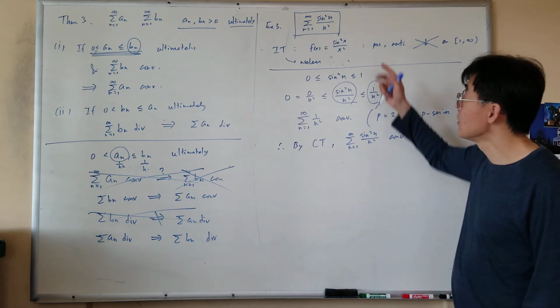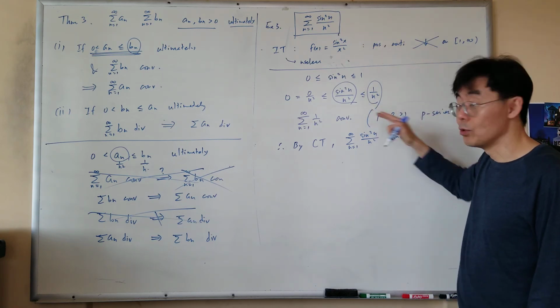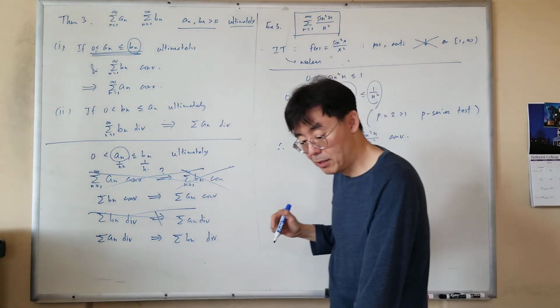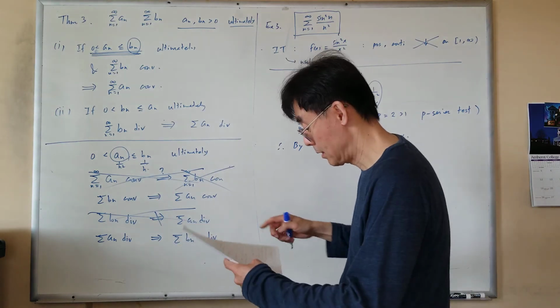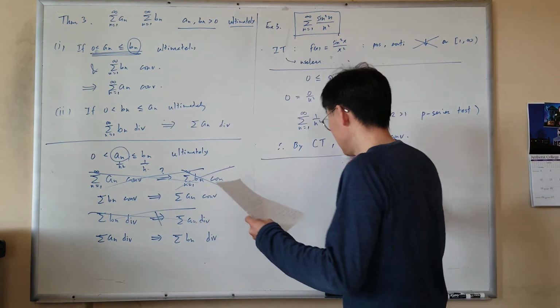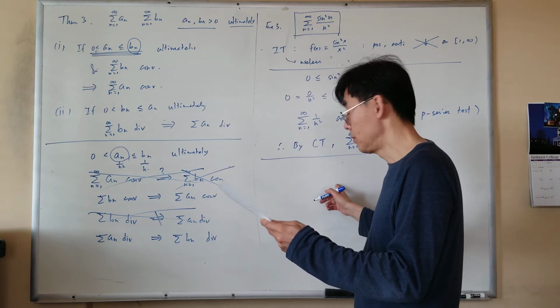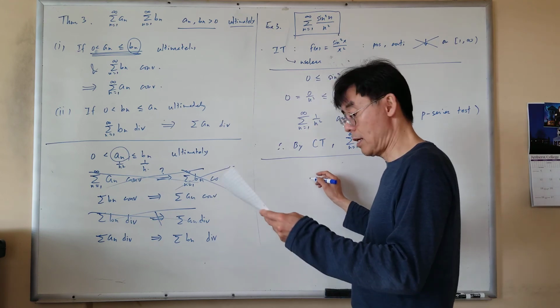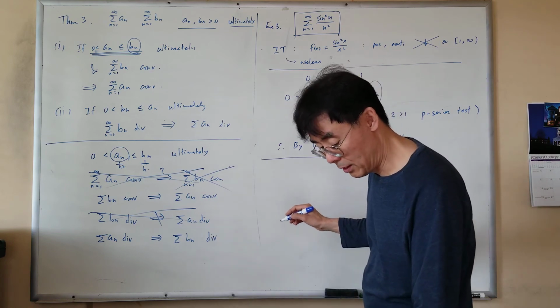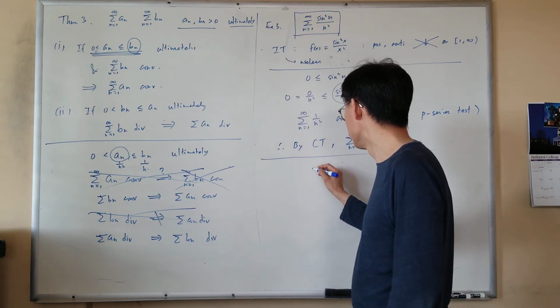Now, sometimes comparison test is very, very easy to use. But I gave you this example at the bottom of the section. Let's say I'm going to change the example a little bit.